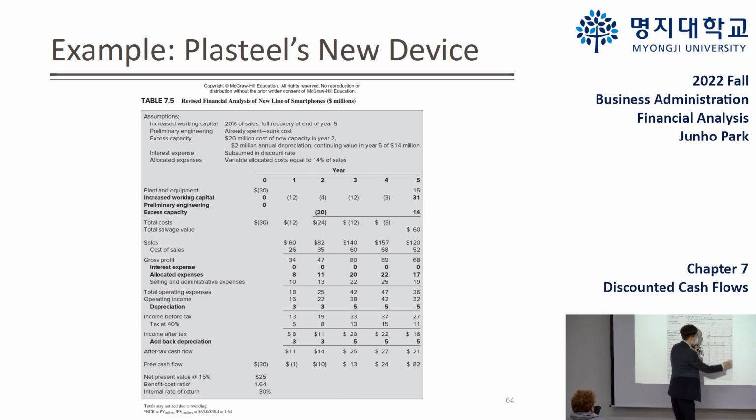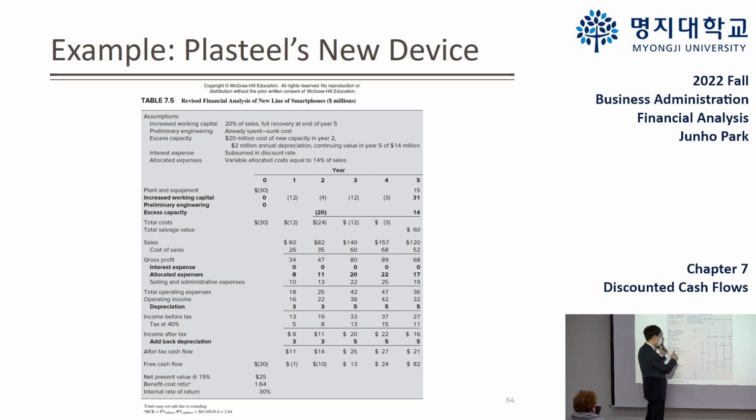So we will be able to have 14 at the end by selling those new facilities. And sales are there, and we set interest expenses as 0 because this is a project, not the firm. In a nutshell, we are going to ignore the interest expenses.